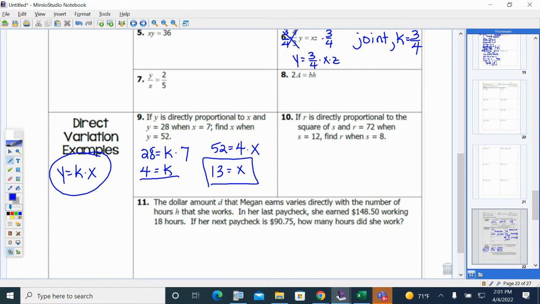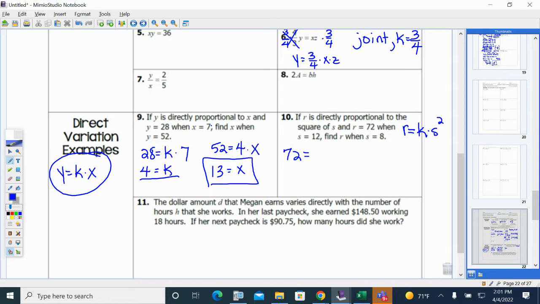If r is directly proportional to the square of s, so writing that, it would be r equals k times s squared. So I'm going to use that equation and plug in my 72.